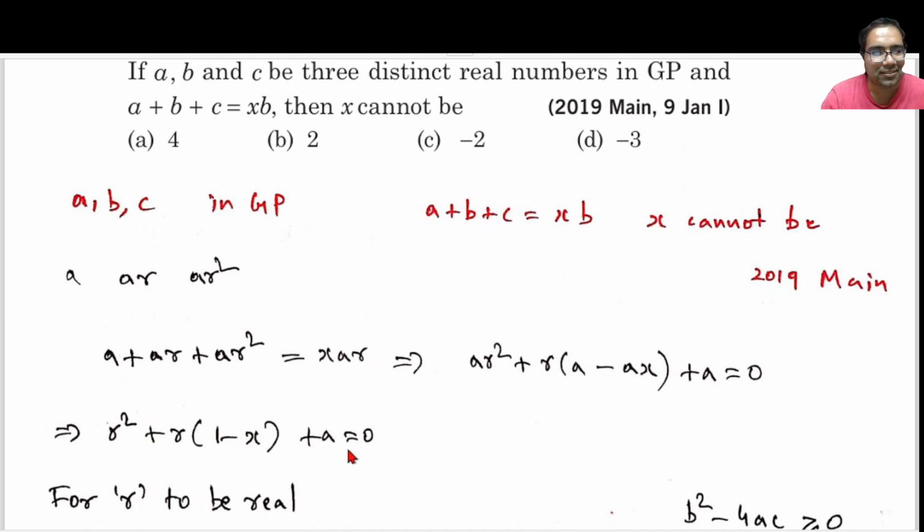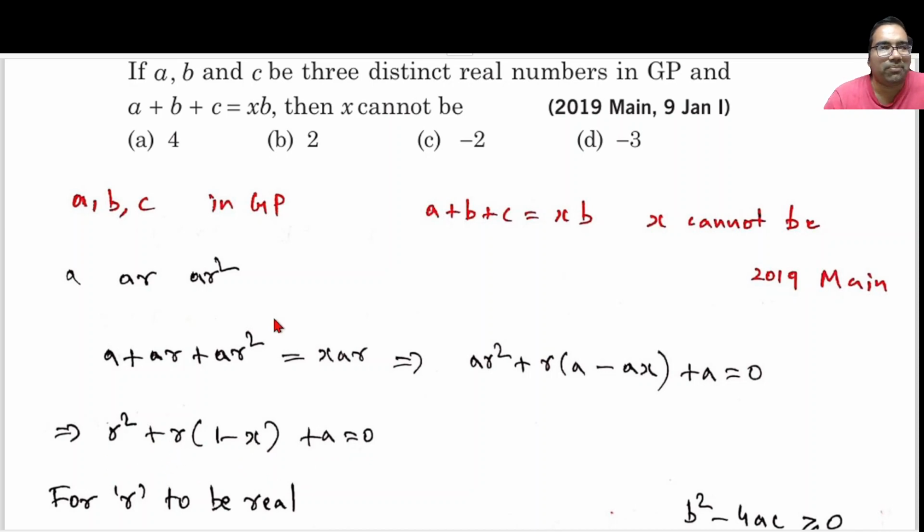If you see, this is a quadratic equation in the form ax squared plus bx plus c, clearly in terms of r. We have to find the solutions of this equation.